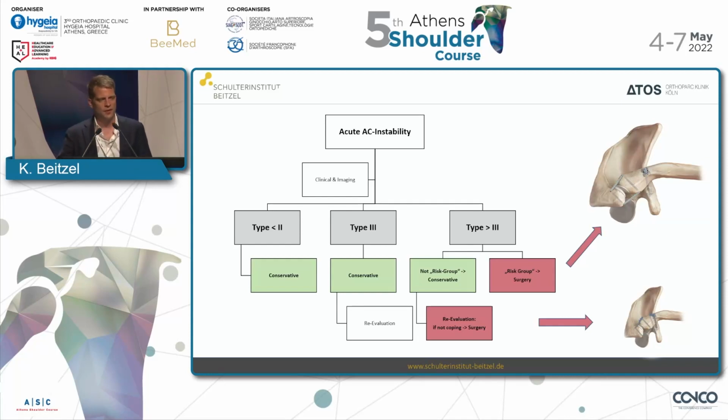If he really wants it fixed, and if he is someone in the high risk group, then I go for an acute surgery with the bracings in an anatomic way. If there's any doubt, I start doing physiotherapy with him. I know that I have these time frames of 3 weeks, 6 weeks to recounsel the patient and see how he develops. Usually these patients get on very quickly with conservative treatments.